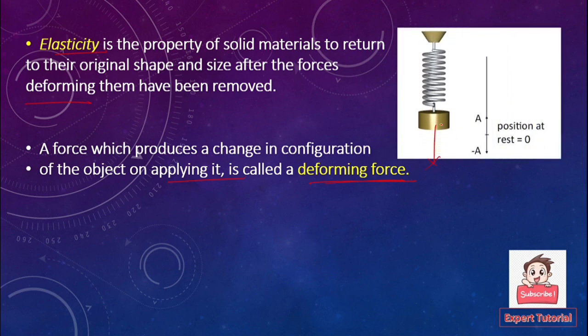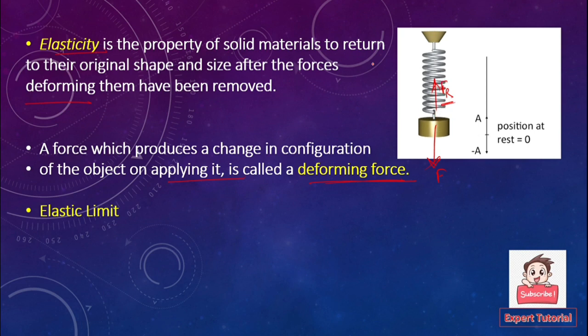Basically I have applied a weight in this direction. Due to the application of this deforming force, another force arises, and this is the reaction force. This particular force is known as the restoring force. I'm coming to this later.